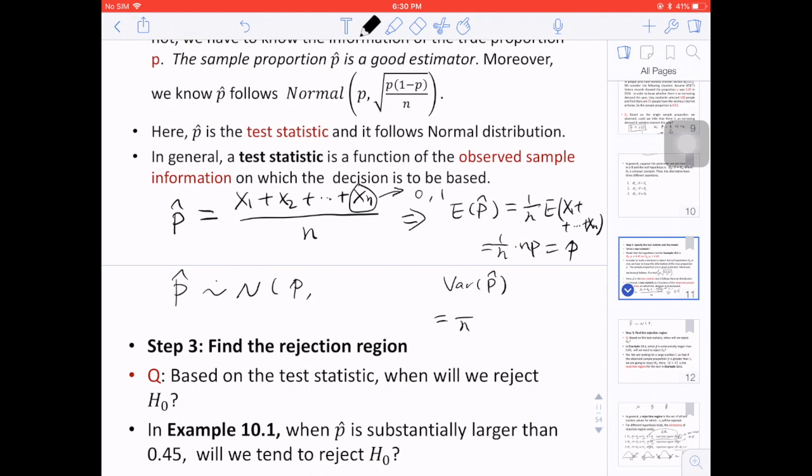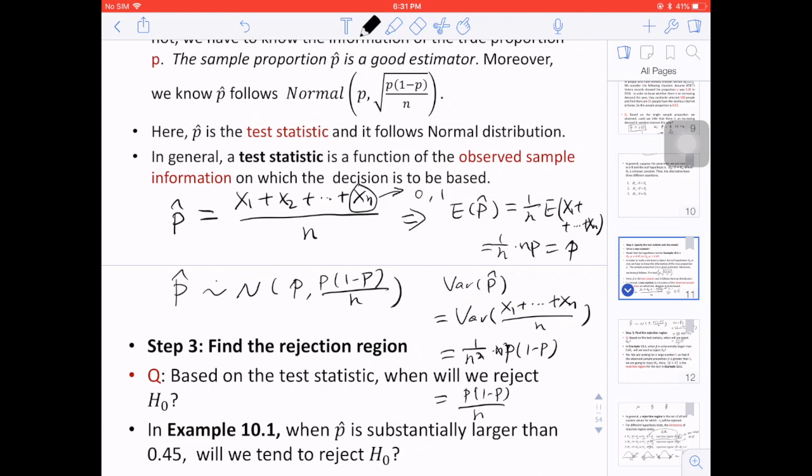I believe all of you have done this before, so I'll just show you the final answer. This is equal to np times (1 minus p) divided by n squared. Cancel one of the n's, which gives p times (1 minus p) divided by n.